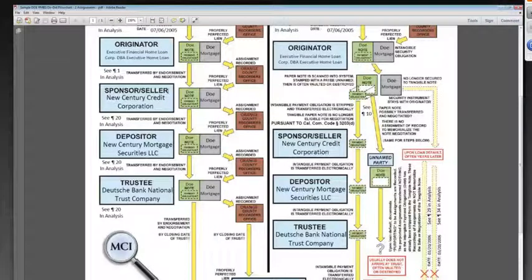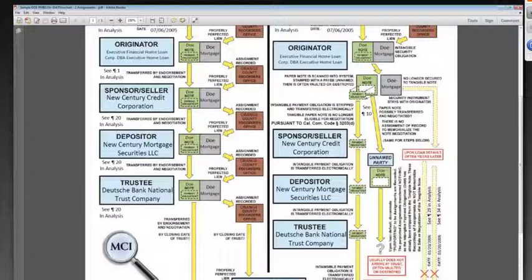And it's transferred by an endorsement, negotiation, transfer, and delivery. And so the note, again, went from sponsor seller to the depositor. The depositor was New Century Mortgage Securities, LLC. And when the sponsor sold this, they also did an assignment of mortgage, filed it at county recorder's office where it was filed, indexed, recorded, and then, again, we have a properly perfected lien.